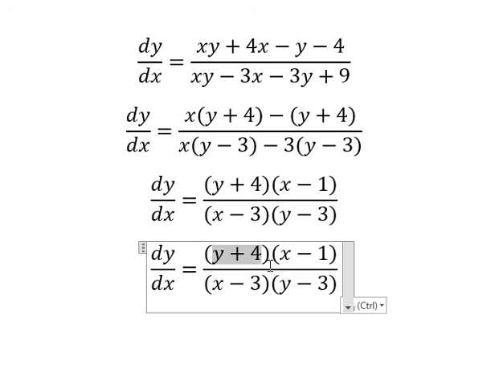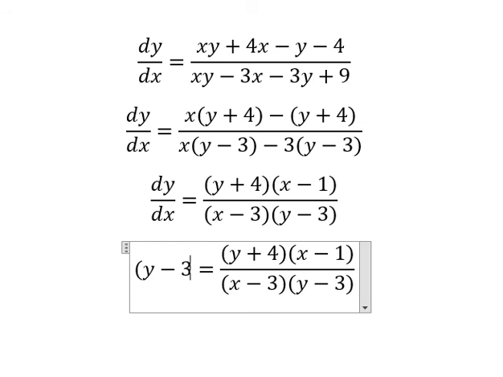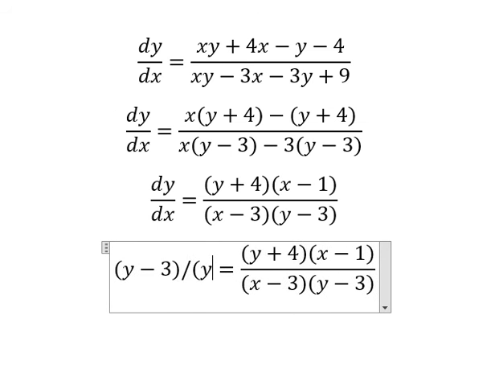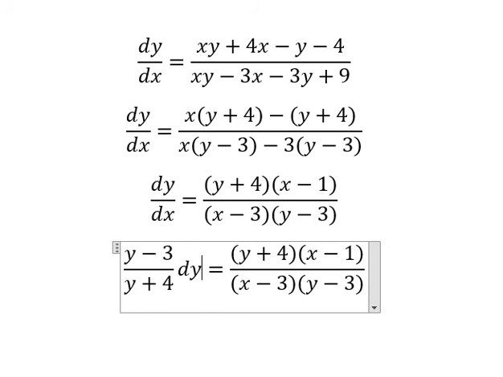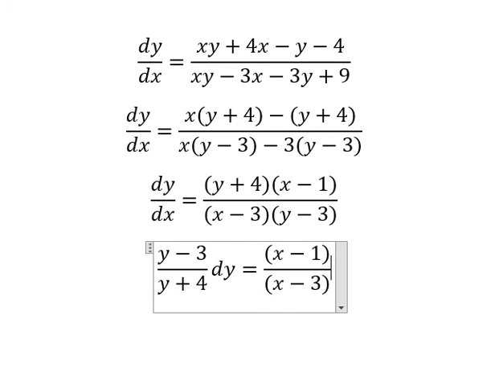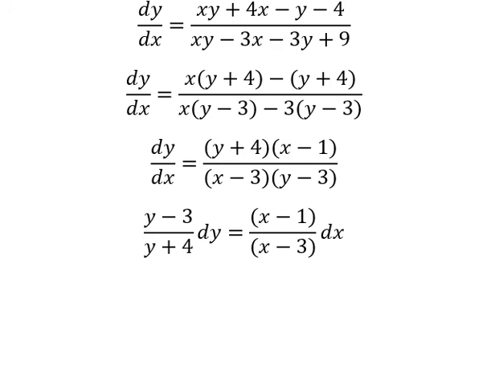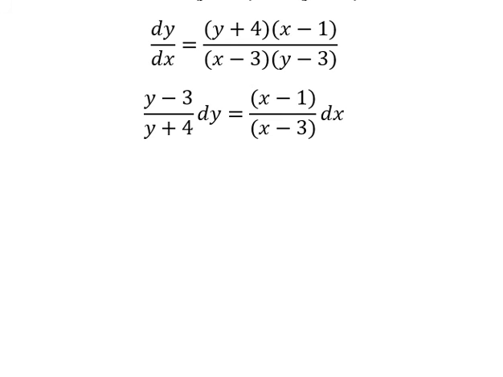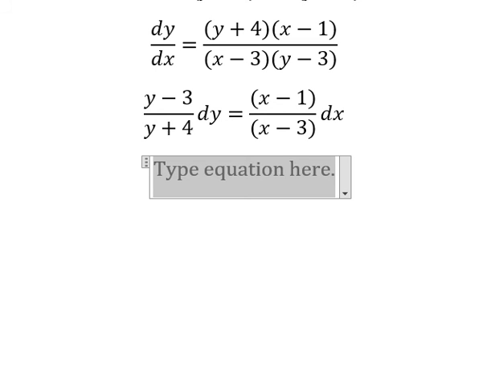So this one and this one we put on the left, the x we put on the right. Next, we put the integration for both sides.